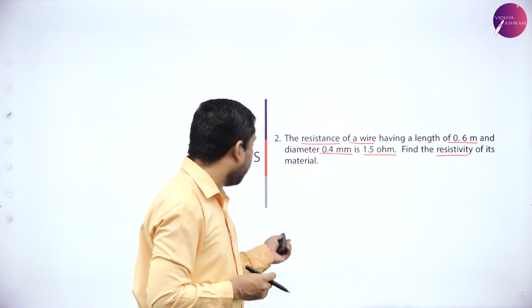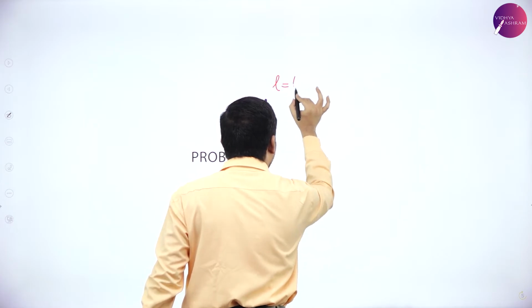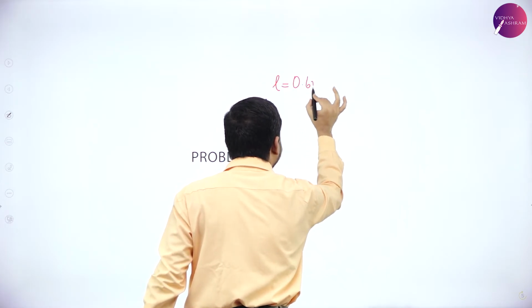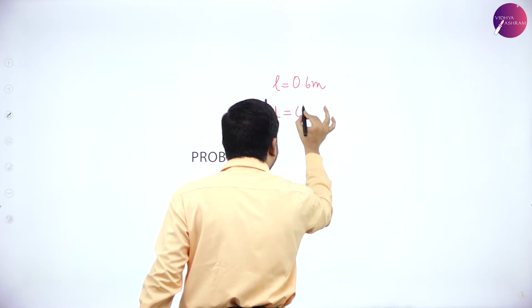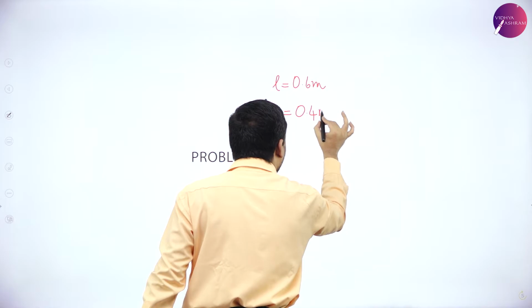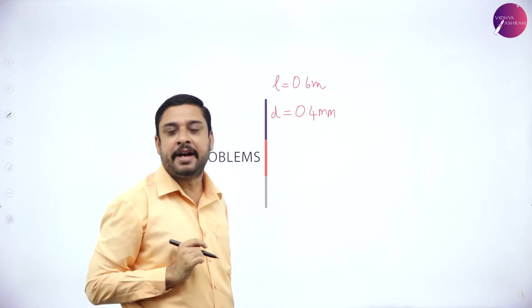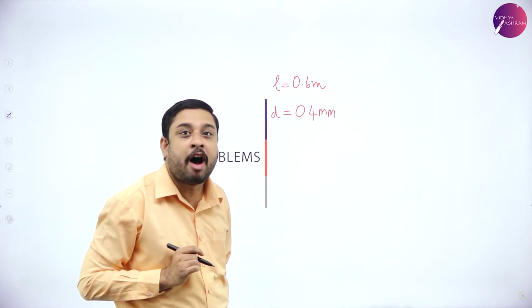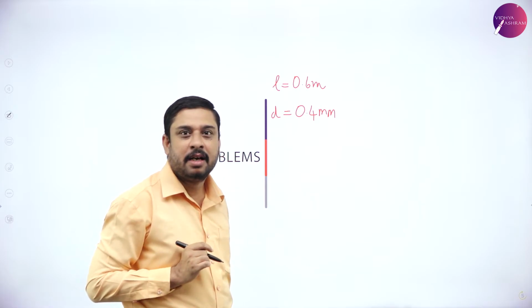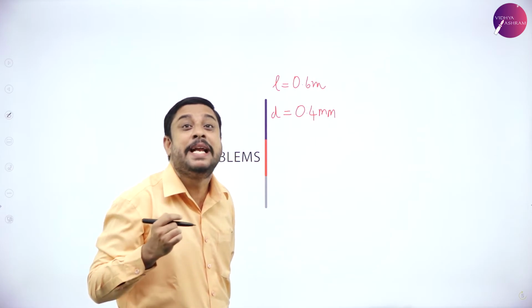Now, again we note down the data. The length was 0.6 meter and the diameter was 0.4 millimeter. You'll observe, diameter is in terms of millimeters. The SI unit for length is meters.